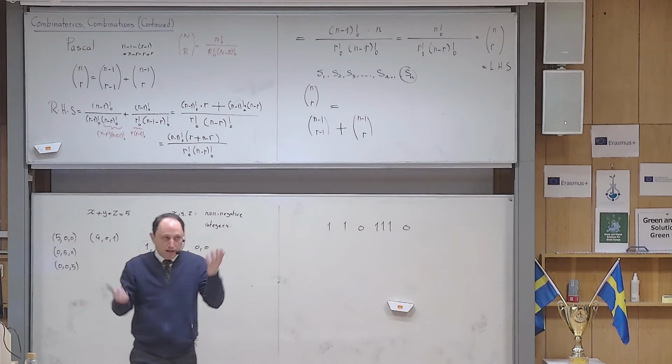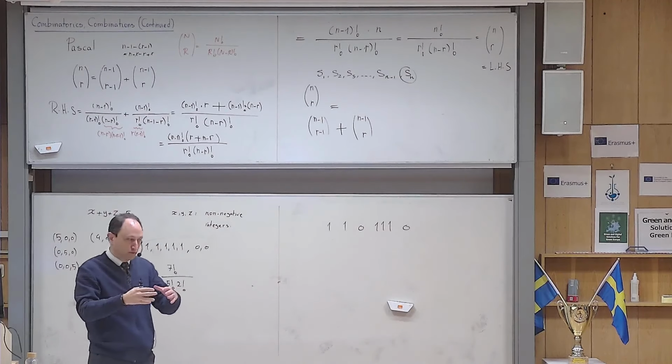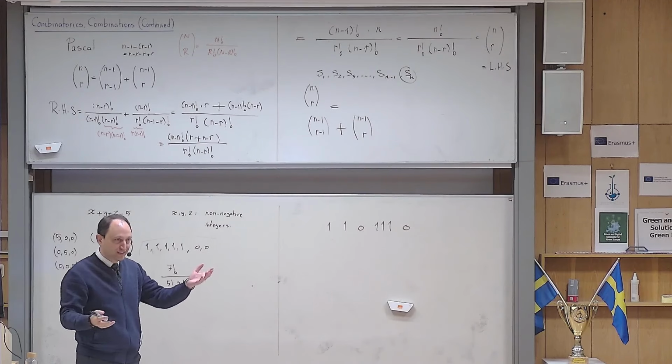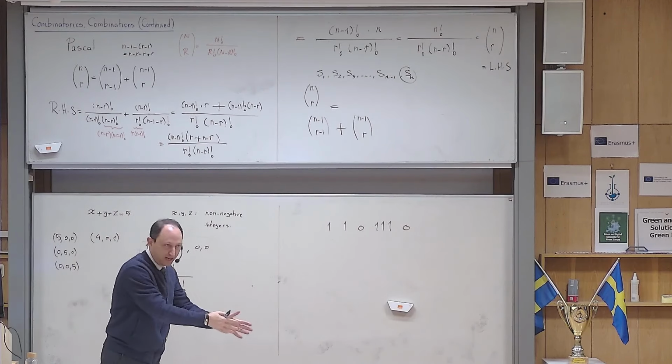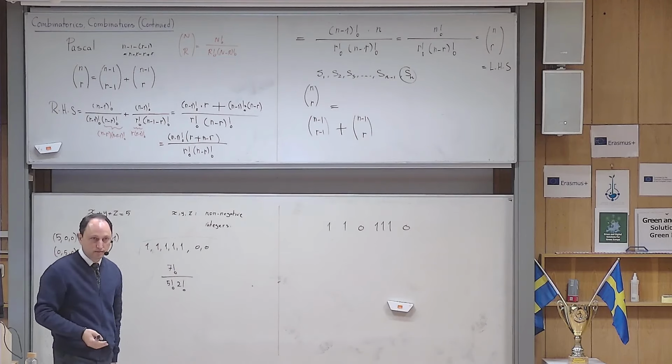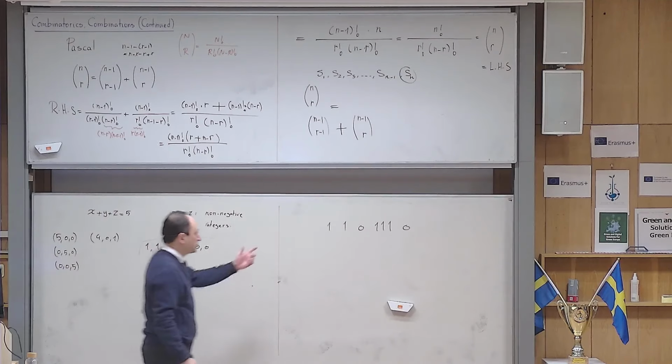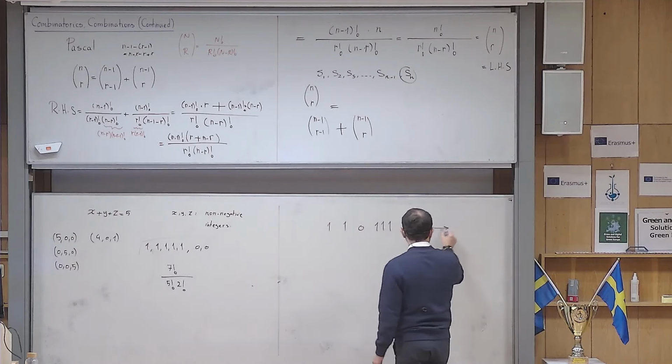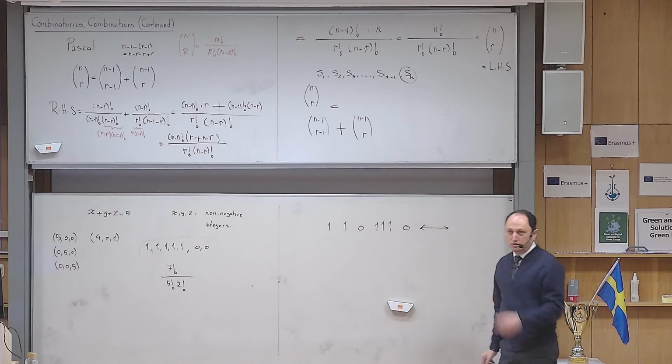And if I can establish a one-to-one correspondence between two bags of things, then the number of items in one bag should be equal to the number of items in the other bag. Yes, that's the idea. So can you tell me which solution this corresponds to? Just tell me the solution.